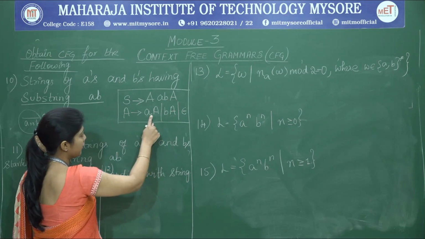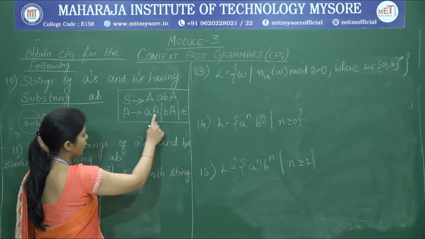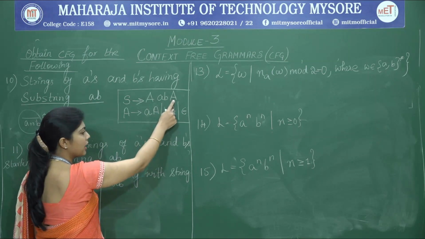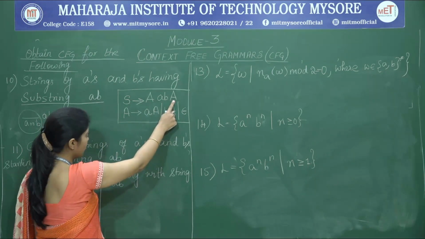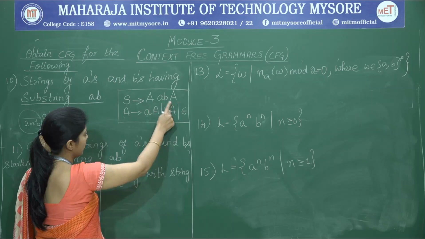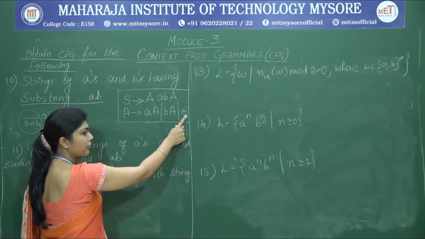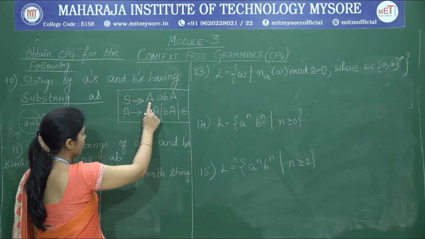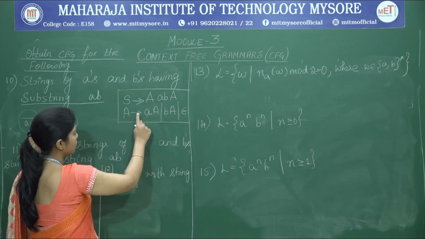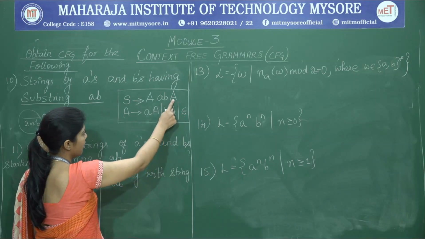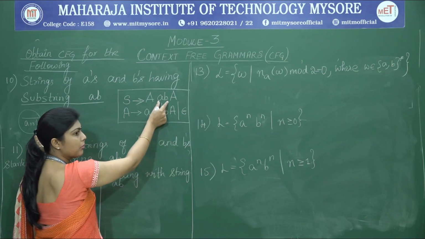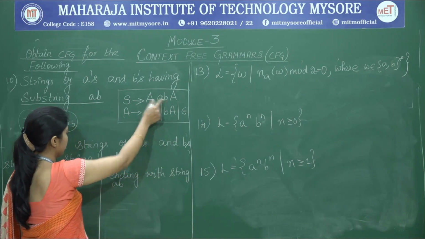So any number of A's or any number of B's in any order can be produced. Same thing happens with this A also. So once we are done with whatever number of A's and B's we require, we will stop the derivation with a epsilon. Also in the very first step, if we choose to put A as epsilon and A as epsilon, we get the minimum string, that is nothing but AB.